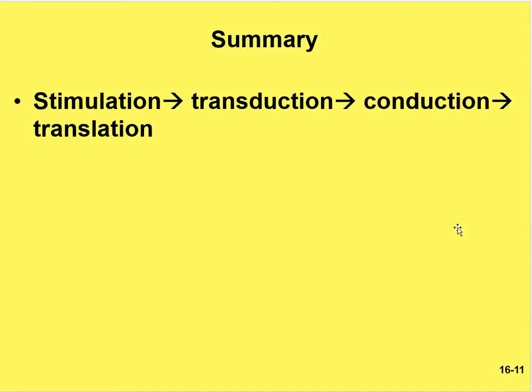And then the translation. This is where the action potential is turned into information such as a sound or an image or a taste. Remember that what we see, what we hear, what we feel is actually a bunch of action potentials.